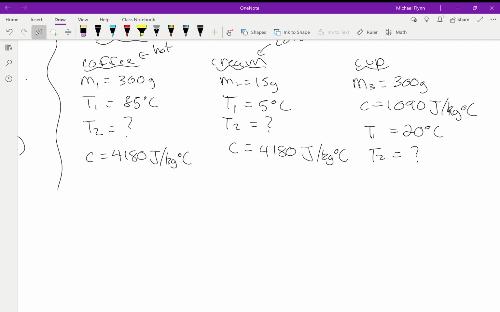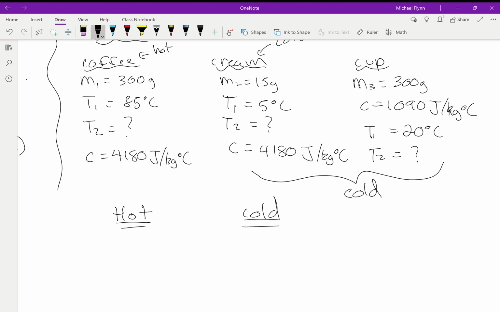And this time there are two things, and both of these things are cold. So what we're going to do is divide it into hot and cold, like this. And we're going to say that the negative Q lost equals the Q gained.